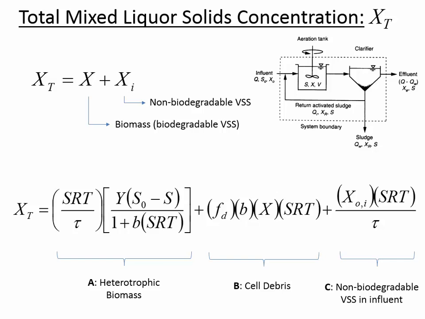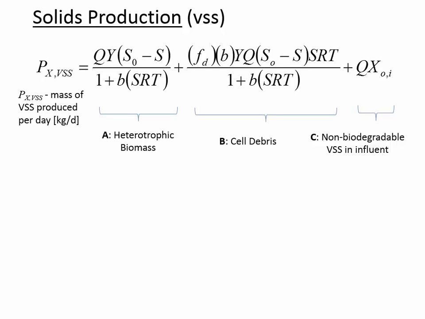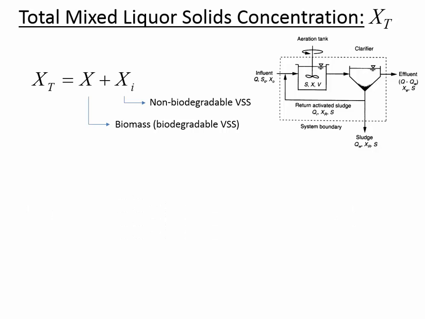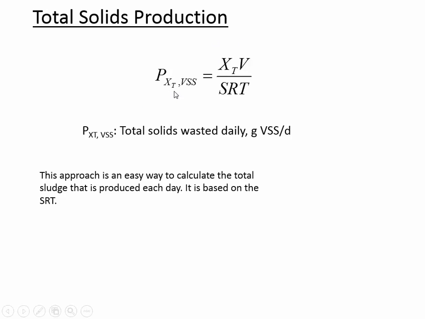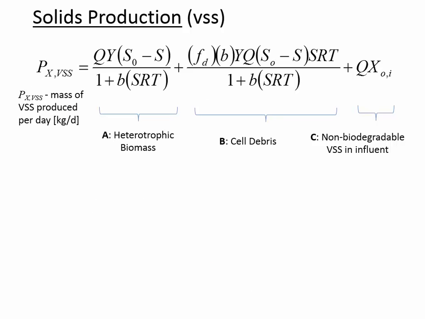Okay, so we're talking about solids production. We've already had one slide that was on solids production. Let's jump back and remind ourselves what that simple equation was saying. So here is solids production, the total solids. Here, this is the solids of just the volatile suspended components, and it's a little bit more extensive because it's including the effective cell debris and also the non-biodegradable VSS.